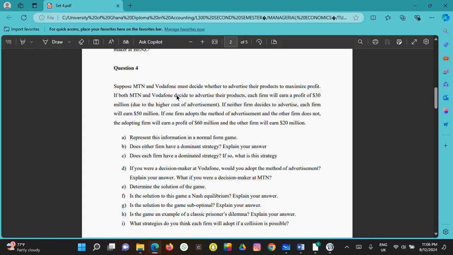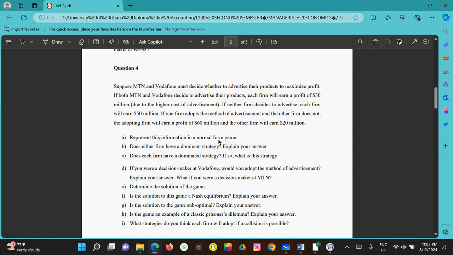If both decide to advertise, each firm will earn 30 million due to high cost of advertising. If neither firm decides to advertise, each firm will earn 50 million. If one firm adopts the method of advertisement and the other does not, the adopting firm will earn a profit of 60 million and the one who doesn't will earn 20 million.